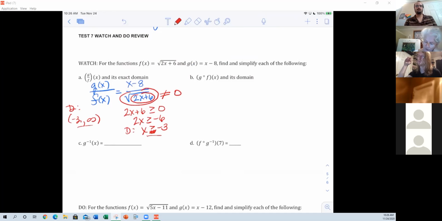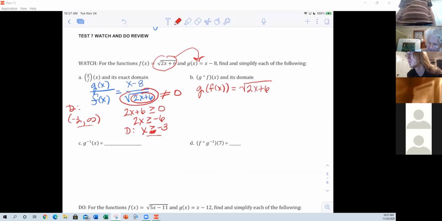So g of f of x means to take the f function, plug it into the g function. So that's going to be the square root of 2x plus 6 minus 8. The domain here is just what's under the radical.